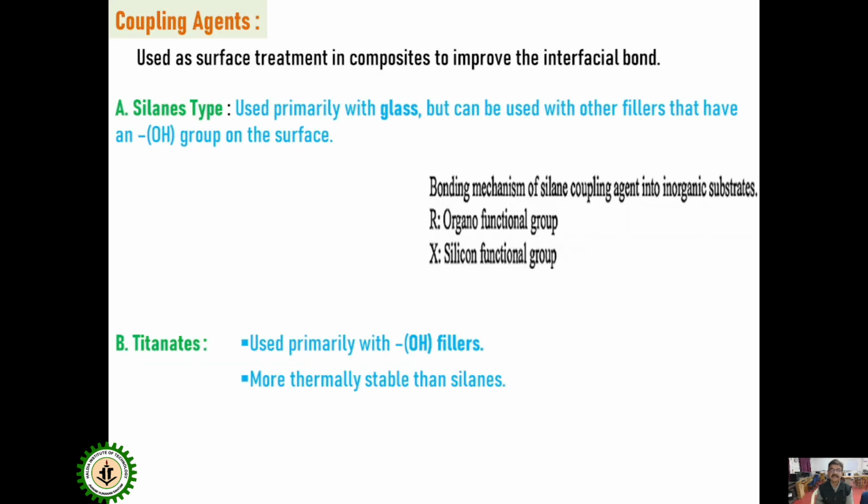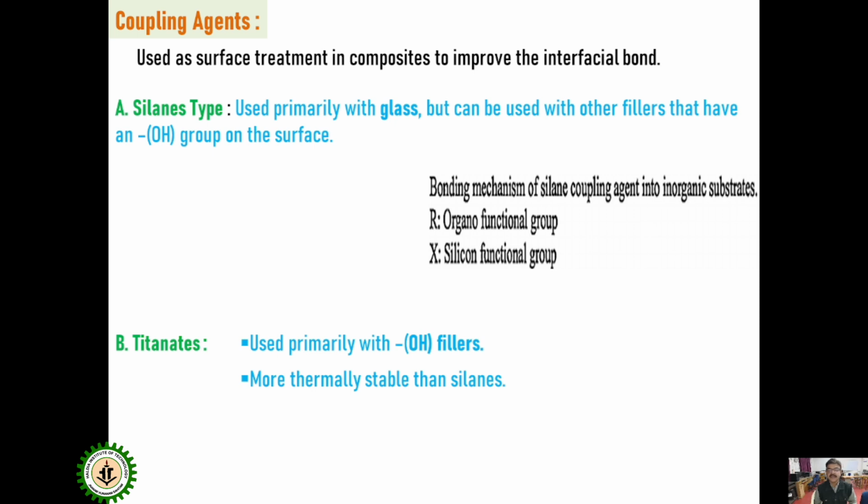Coupling agent is another important ingredient used in polymer processing. It is a surface treatment in composites to improve the interfacial bond.